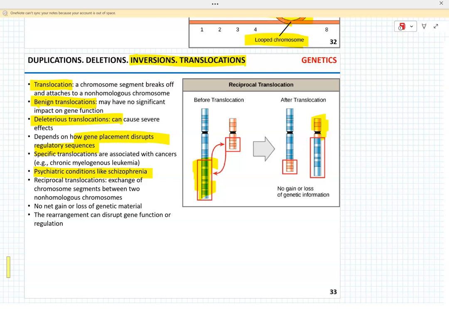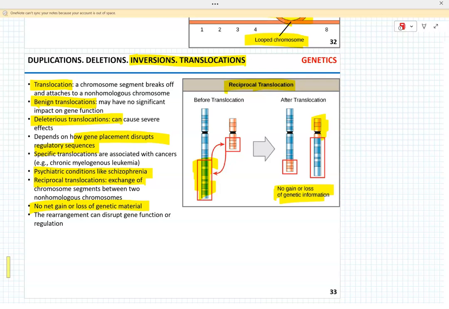Now, in reciprocal translocation, two chromosomal segments of two different non-homologous chromosomes are exchanged. In this case, the genetic material is not lost, and it is not gained.